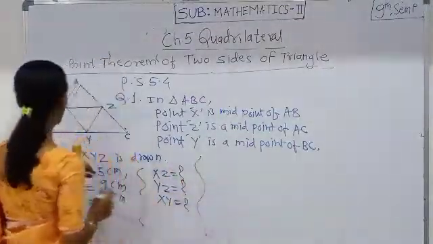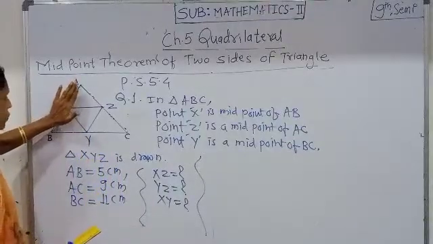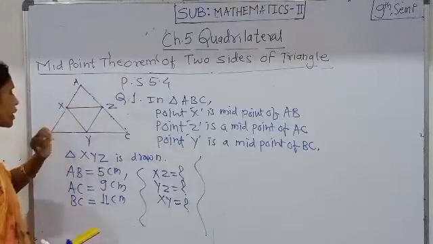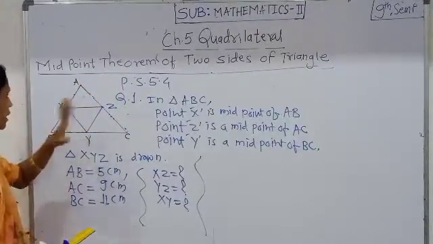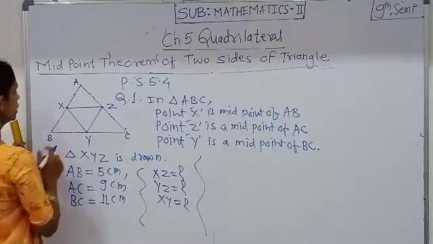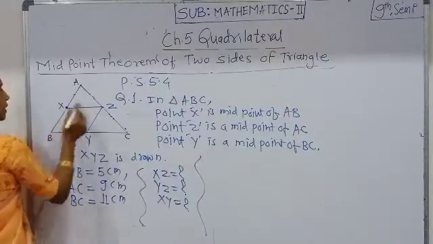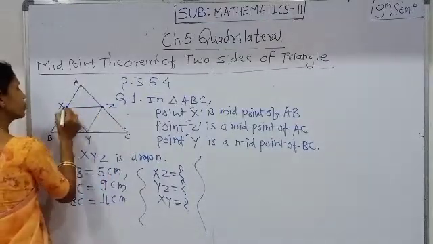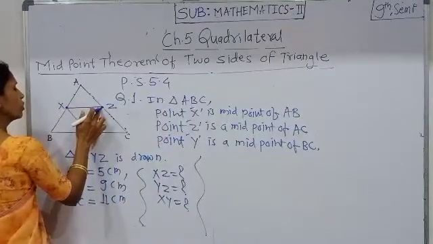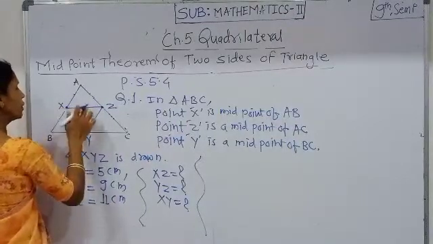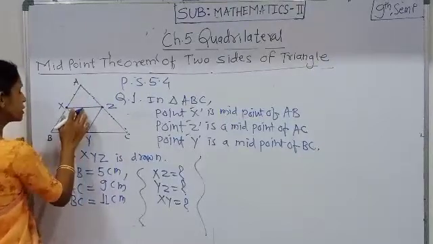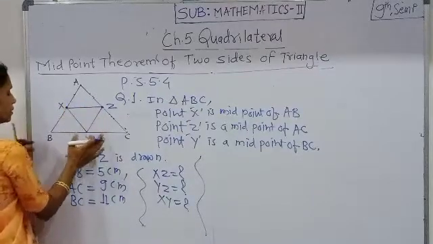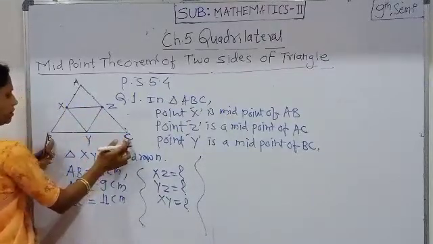Then see here, focus on the figure and we can use the midpoint theorem of two sides of a triangle to solve this example. First of all, X is the midpoint of AB and Z is the midpoint of AC, and the line segment joining those two midpoints is parallel to BC, as well as half of the side BC.